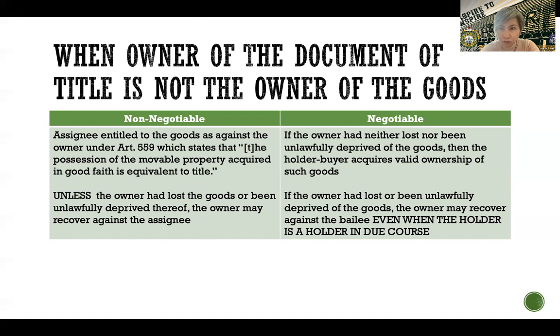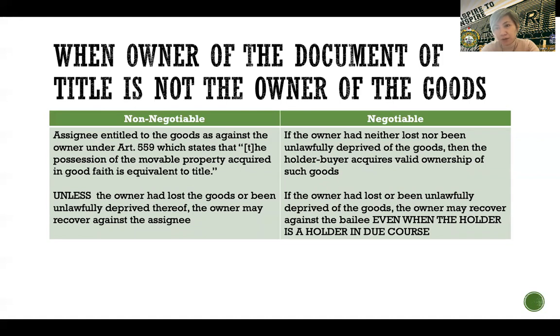Provided the assignee gets hold of the goods. Okay, exception to this will be when the owner lost the goods or was unlawfully deprived thereof. So in that instance, the real owner can recover as against the assignee.